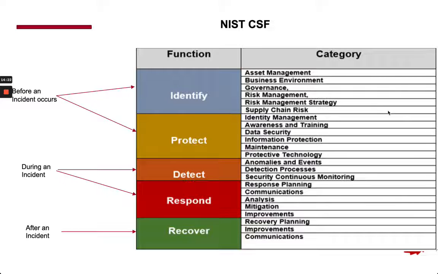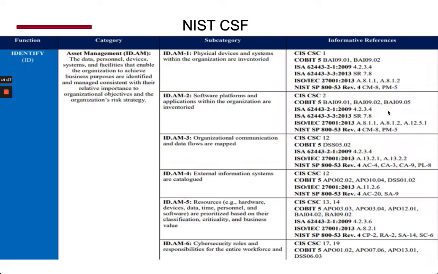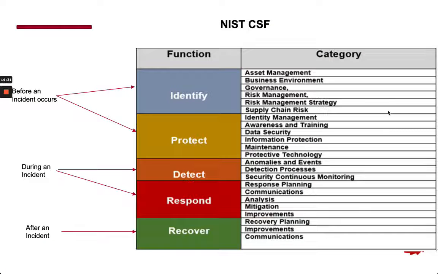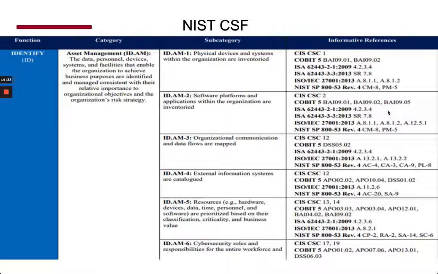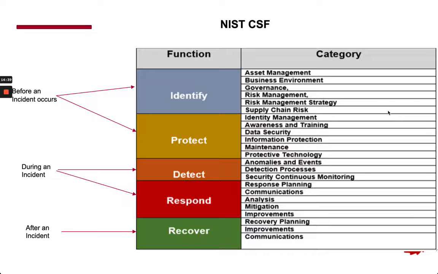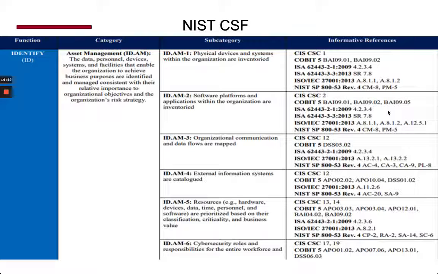If you go there, there will be controls. Let me show you. We took identify. If you go here, the first one is identify. In identify, you have a category, asset management. If I go back, you see identify, the first one is asset management. So if you go to identify, asset management, then you have subcategories.